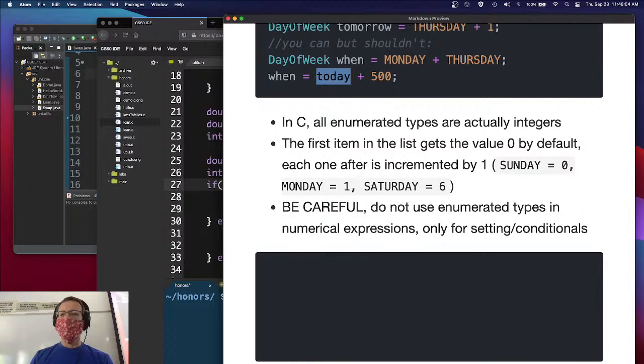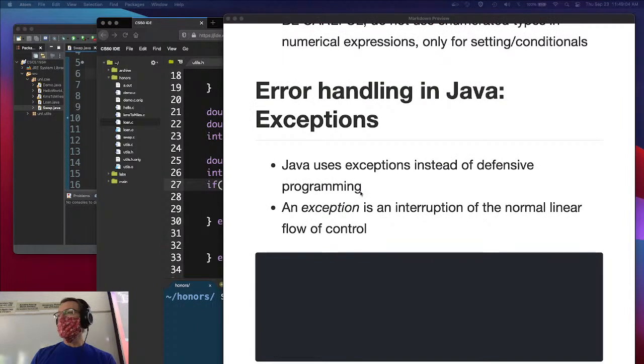All right. So how do we do this in Java? Java uses exceptions, right, instead of defensive programming. An exception is an interruption of the normal linear control flow. You're going along, command, something happened, right? You divided by 0 there.